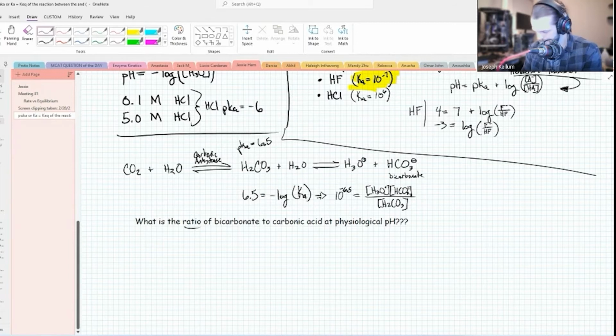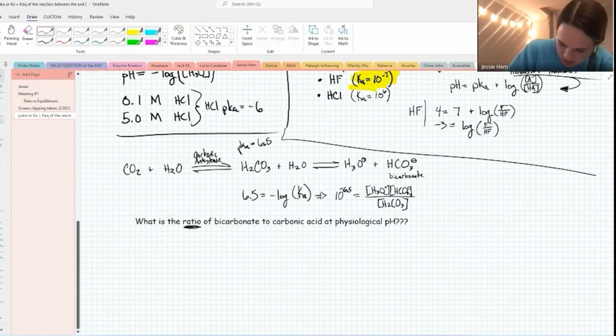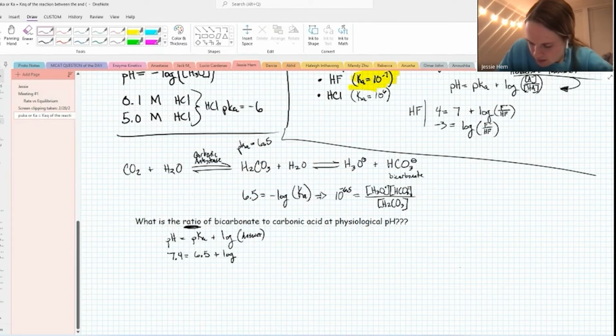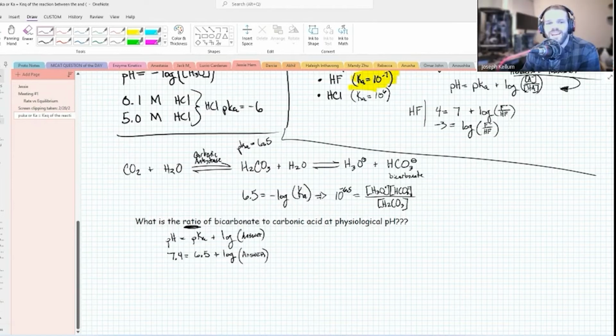So we have pH equals 7.4, and the pKa of carbonic acid is 6.5. So 7.4 equals 6.5 plus the log of the concentration of the conjugate base, HCO3 minus.